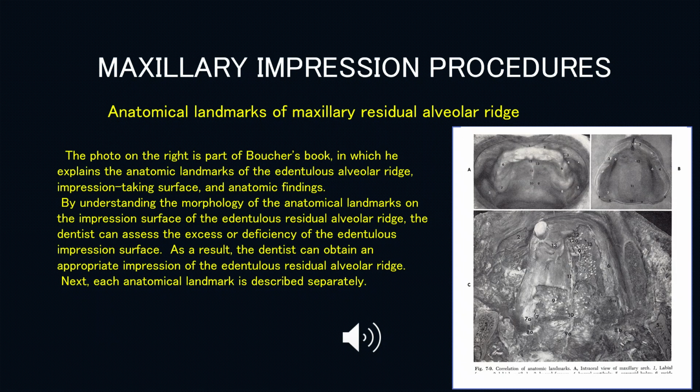By understanding the morphology of the anatomical landmarks on the impression surface of the edentulous residual alveolar ridge, the dentist can assess the excess or deficiency of the edentulous impression surface. As a result, the dentist can obtain an appropriate impression of the edentulous residual alveolar ridge. Next, each anatomical landmark is described separately.